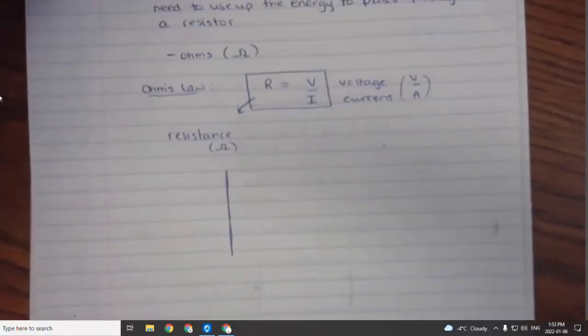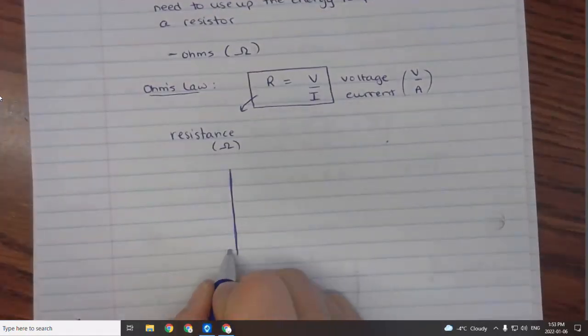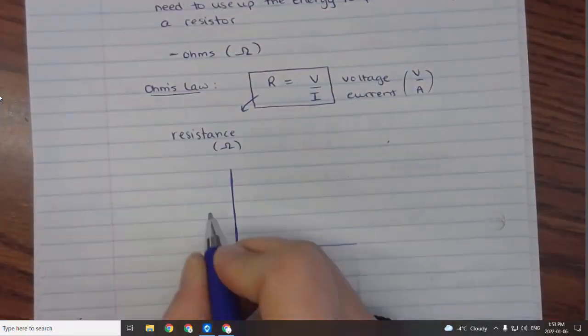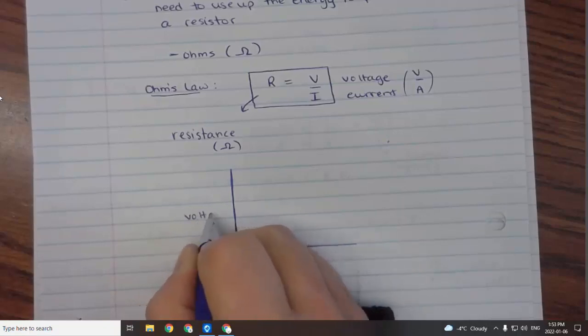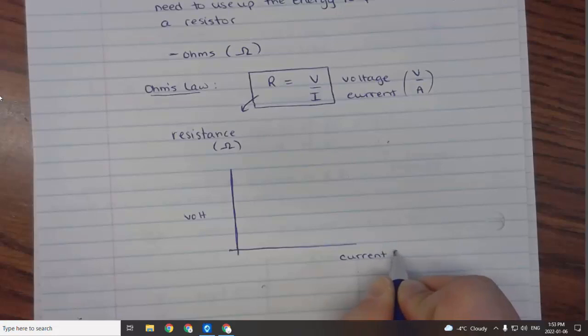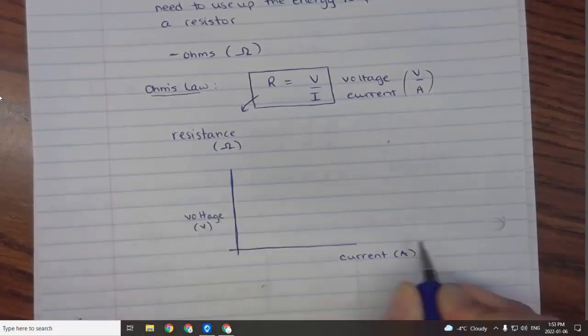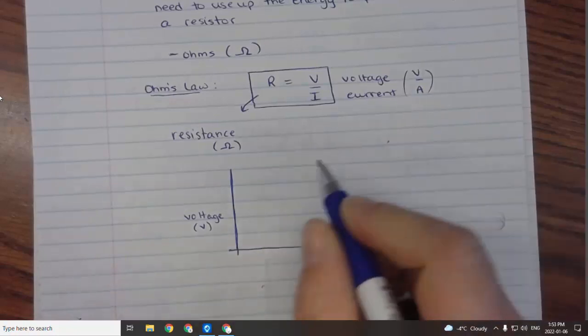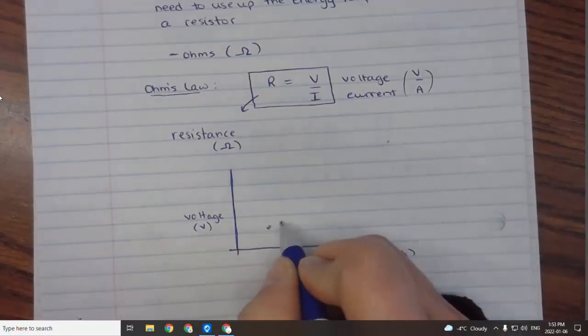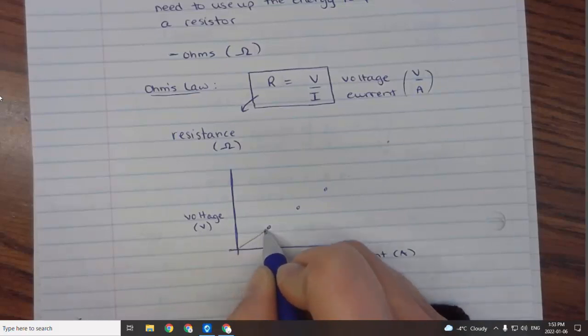Sorry, that's a bit blurry. There you go. So if you graph voltage and current, so potential difference, voltage in volts, current in amps, what you hopefully will get is something that's like a straight line.